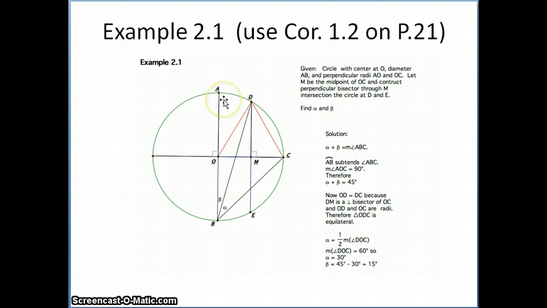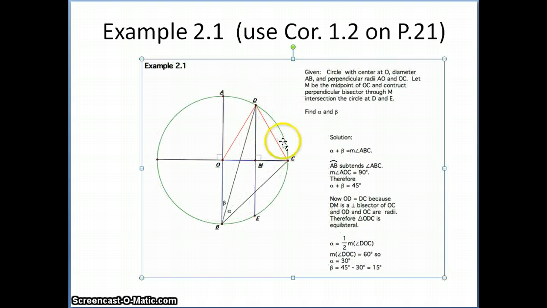So by the theorem we proved before, the inscribed angle is half of the intercepted arc. The intercepted arc here, ADC, is going to be 90 degrees. Why is ADC 90 degrees?